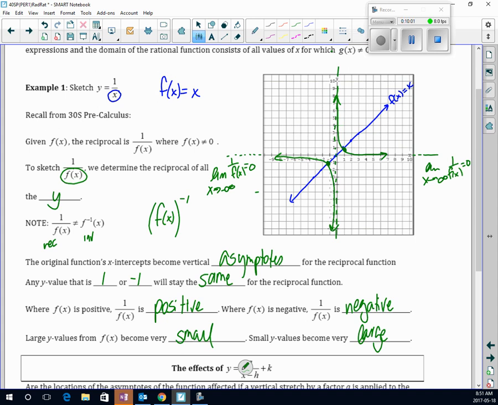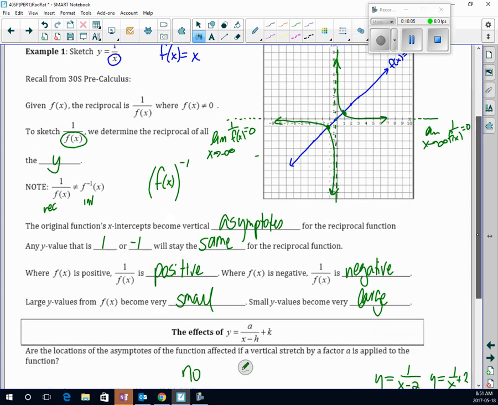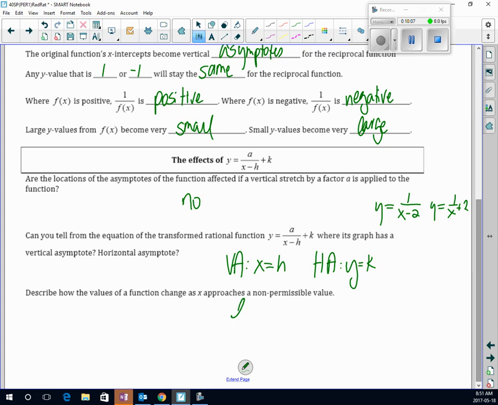It goes to infinity. So how would I write that? The limit as x goes to 0 from the right. This is now calculus stuff we're talking about. This is exciting, hey? Coming from the right, as we approach that non-permissible value, 1 over f of x goes to infinity.